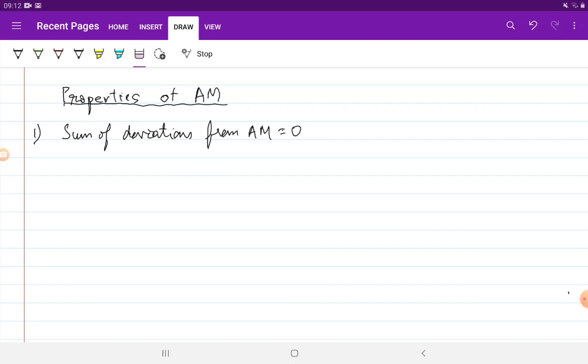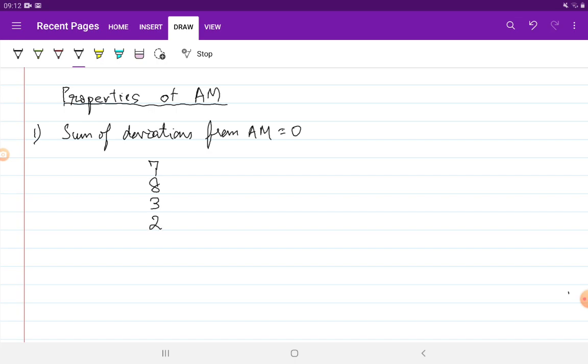To convince yourself, you can just take any random set of numbers. So say I'm taking the numbers 7, 8, 3, and 2. 7 plus 8 is 15, plus 3 is 18, plus 2 is 20.